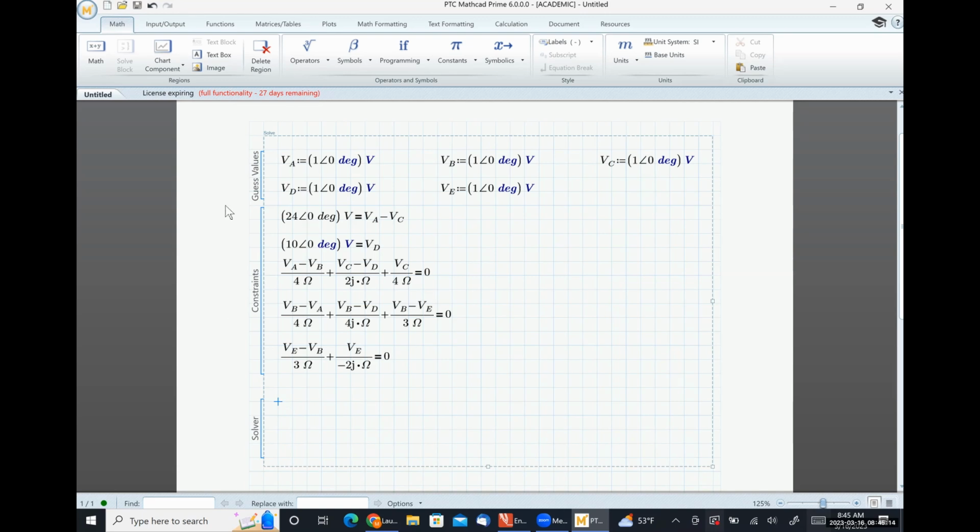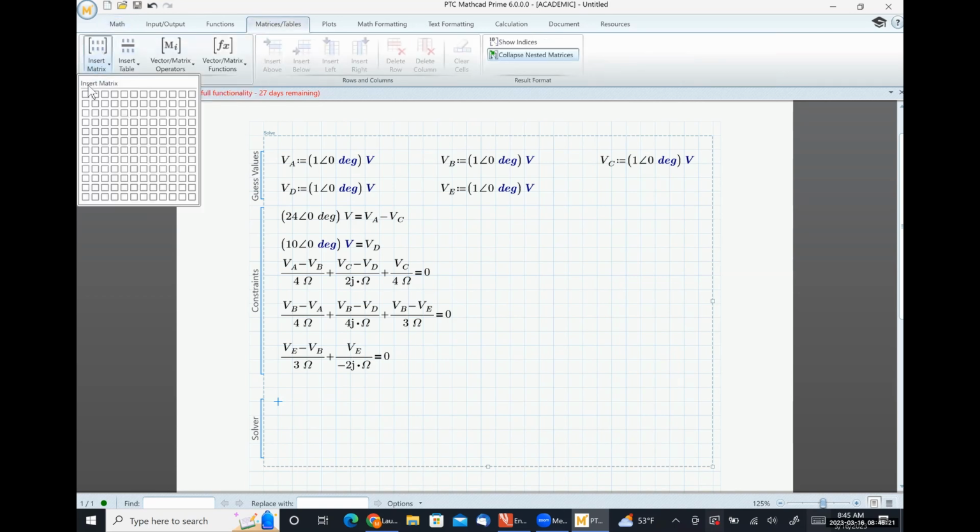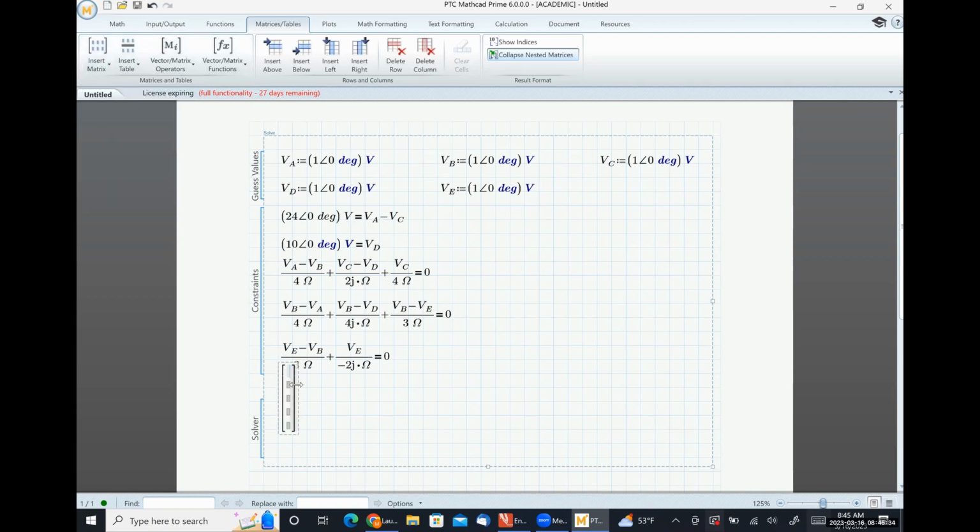To solve this system of equations, I'm going to go over here to the matrix tab. I'm going to give myself a matrix, and it is going to be a 5x1 matrix because there are 5 different variables that I'm solving for: VA, VB, VC, VD, and VE. I'm just simply going to move this out of the way down here. In this matrix, I'm going to put VA, VB, VC, VD, and VE.